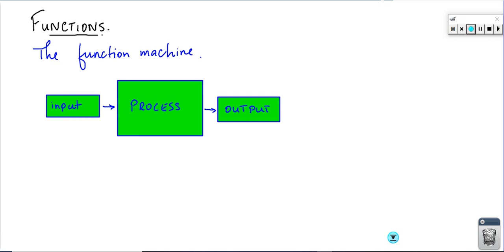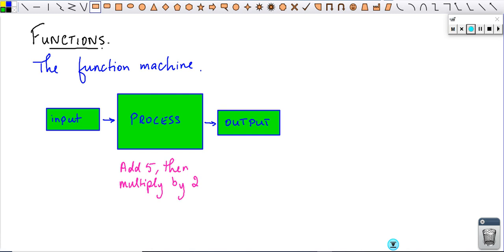So suppose I have the following. The process is add 5, then multiply by 2. That is my process. I'm going to place that in a box.